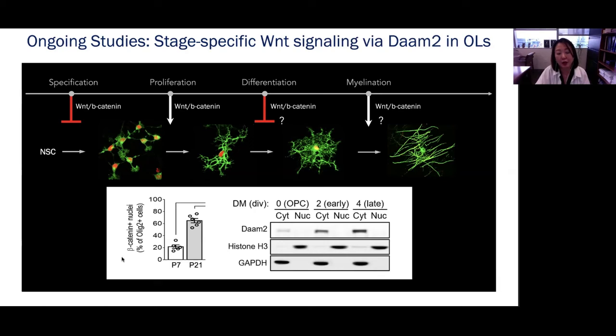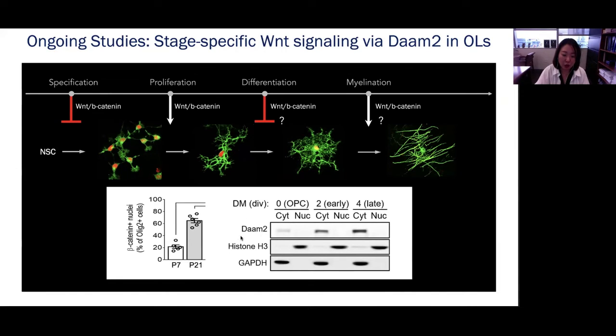However, if you look at the beta-catenin signal in the developing CNS, the more developed, mature stage has high expression of beta-catenin in the nucleus, meaning Wnt signaling is more active in the mature stage of oligodendrocytes.